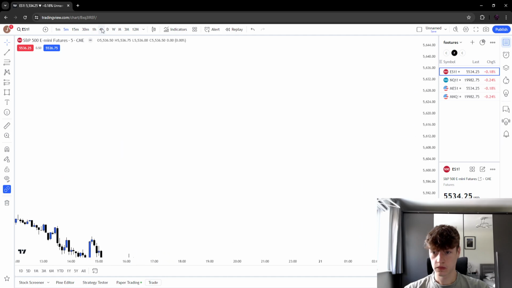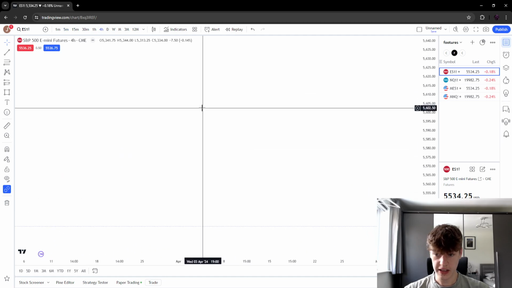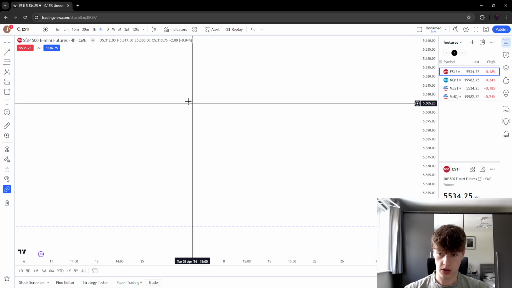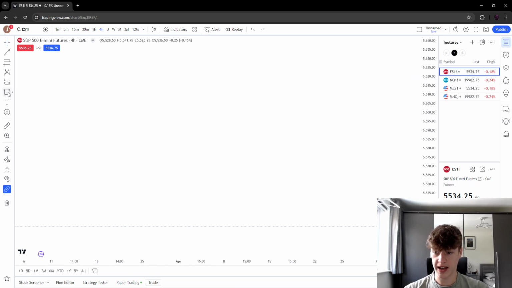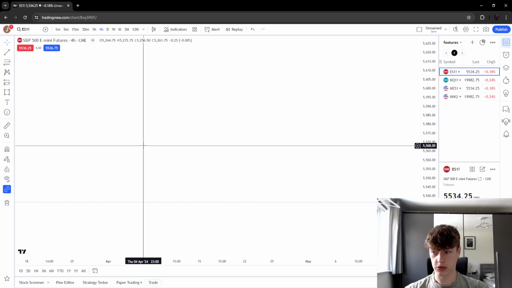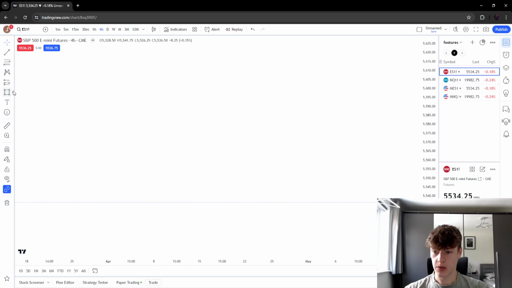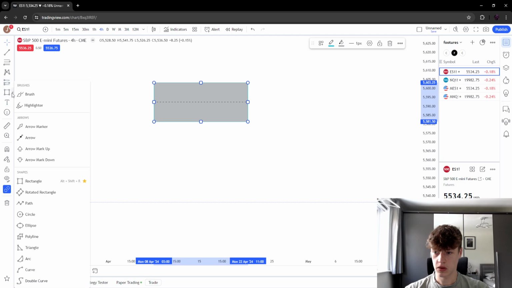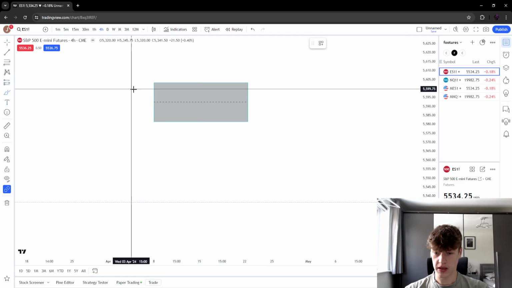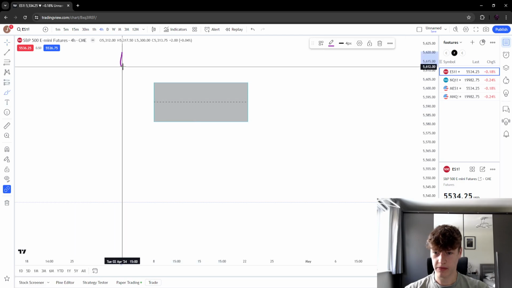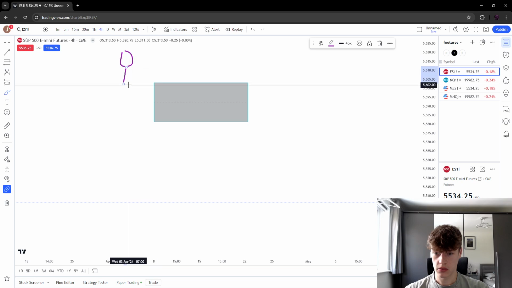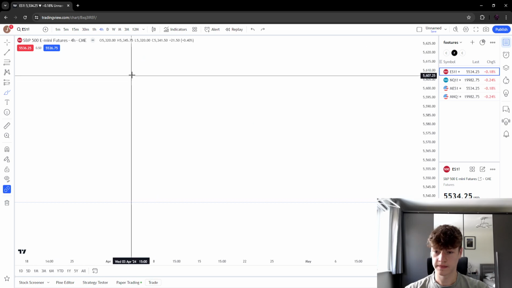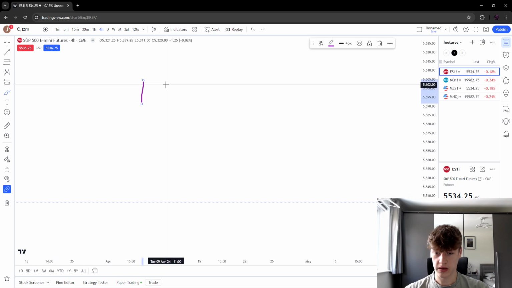Now, these fair value gaps can be invalidated, which we can also use as a confluence. So if you remember, we had the drawing. I don't want to draw out again, but say we had a gap here between, this is a bearish gap, for example. Oh my god. There's the wick.